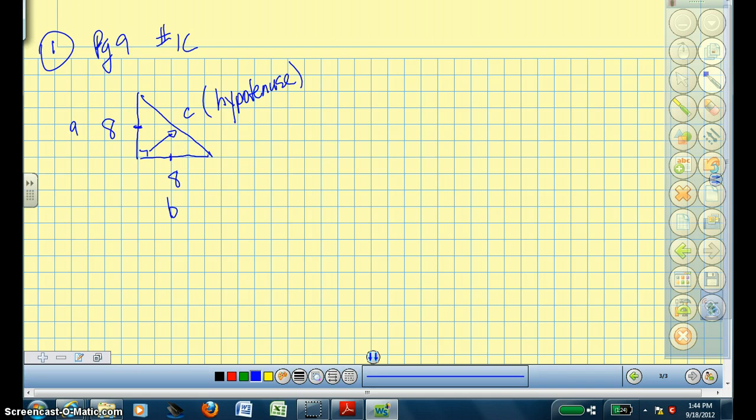Now let's solve the question, filling in the numbers. Again, if I write the equation of the Pythagorean theorem, c squared equals a squared plus b squared. C squared is what I want to find. A squared is 8 squared plus b squared. Oops, this is a 2.